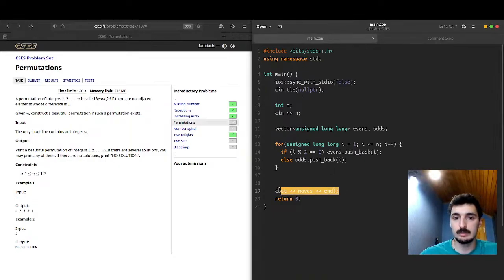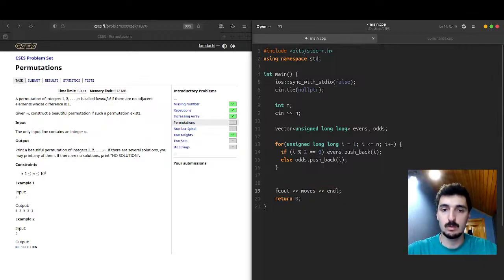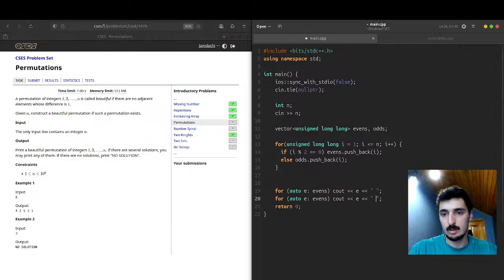All right. So for auto in evens, cout this, and then we should just do the same for odds.